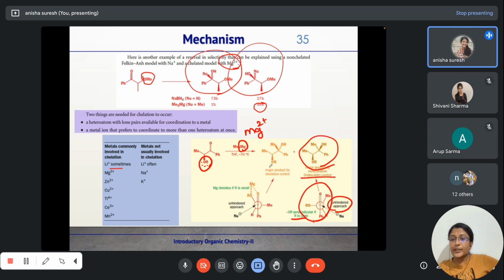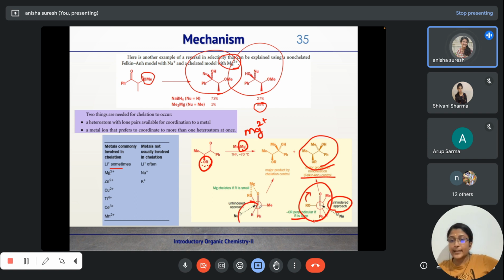Now, according to chelation control, what will happen? This OR will move towards this side, the hydrogen will shift in this direction, and Me will come perpendicular to the carbonyl. Now the nucleophile will attack in this direction.